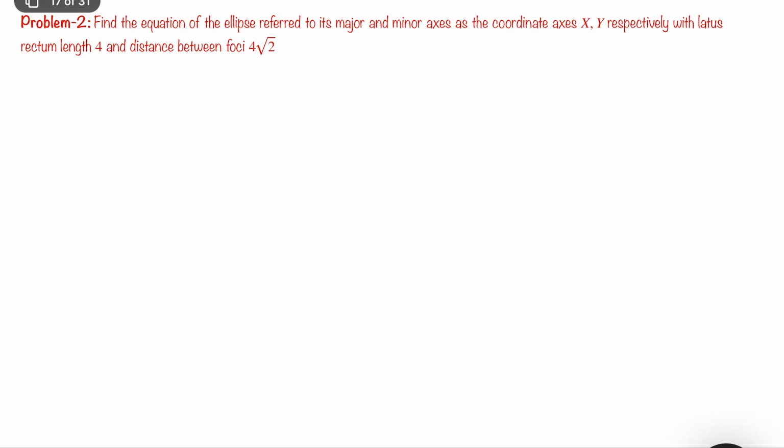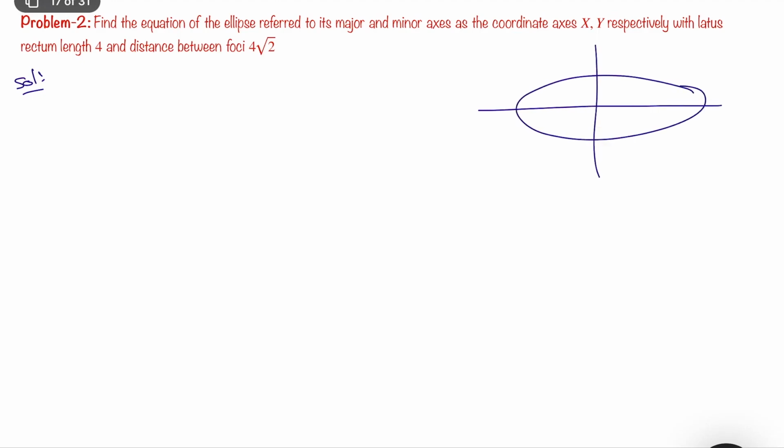So here we are going to find the equation for a standard ellipse. It looks something like this. This is x-axis, y-axis. We know the standard equation of an ellipse will be in this form: x square by a square plus y square by b square equal to 1. We just need to figure out what is this a square, what is this b square.